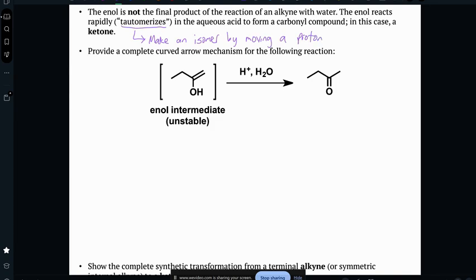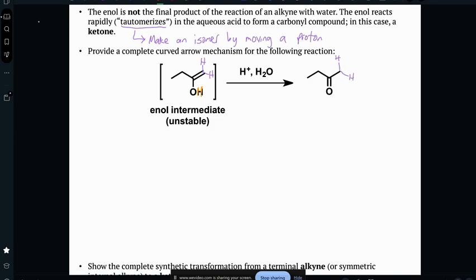You might notice that an enol and a ketone differ only in the placement of one hydrogen. So in the enol, I have a hydrogen on the oxygen, and I have two hydrogens on that carbon at the end.